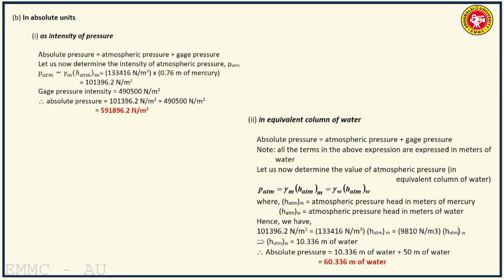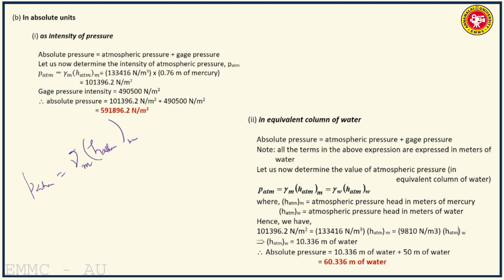Then in absolute units, that is, taking absolute zero as the datum. So absolute pressure is what? Atmospheric pressure plus gauge pressure. Now let us determine the intensity of atmospheric pressure, because atmospheric pressure is given in equivalent column of mercury as 76 centimeters, that is 0.76 meter. So what is atmospheric pressure? Atmospheric pressure is equal to specific weight of mercury into the equivalent column of mercury to exert this atmospheric pressure.